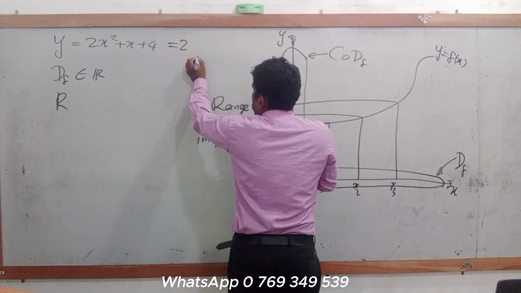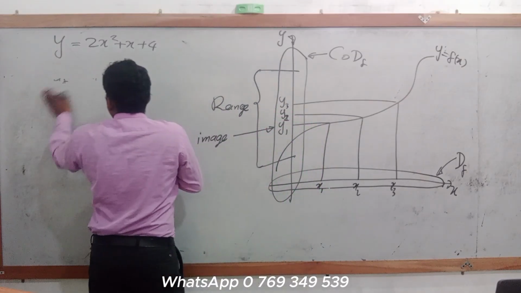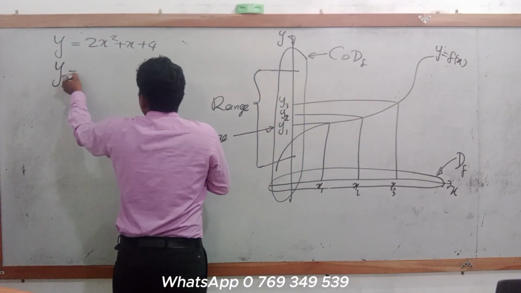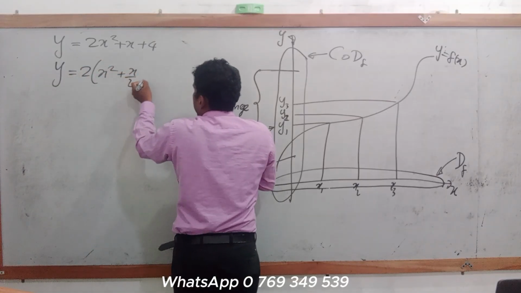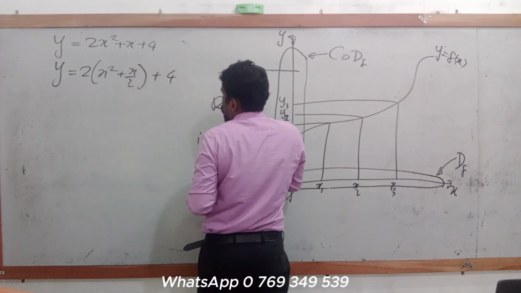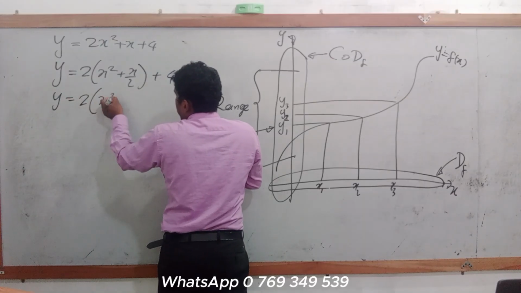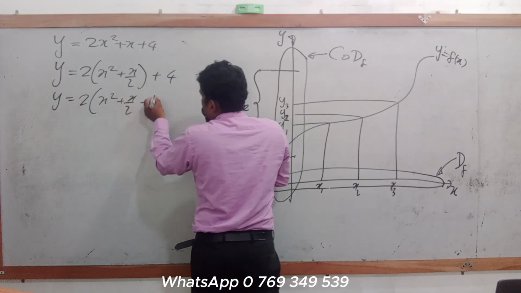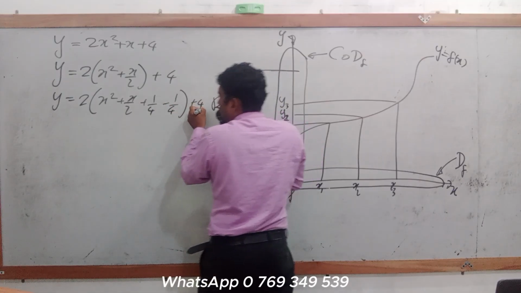We can take that 2 out. First we solve this one: 2 times x square plus x over 2, plus 4, and y equals 2 times x square plus x over 2 plus 1 over 4, minus 1 over 4, plus 4.